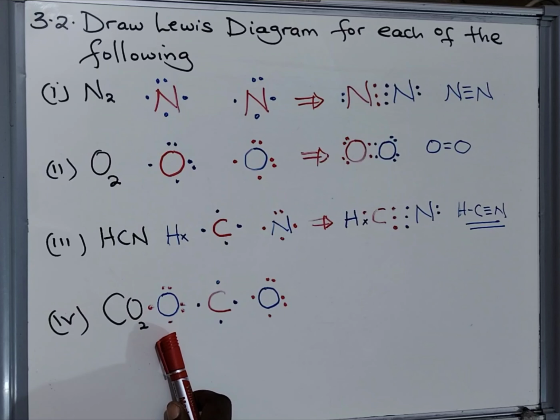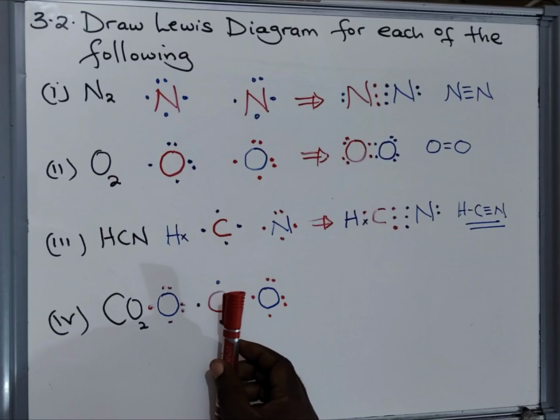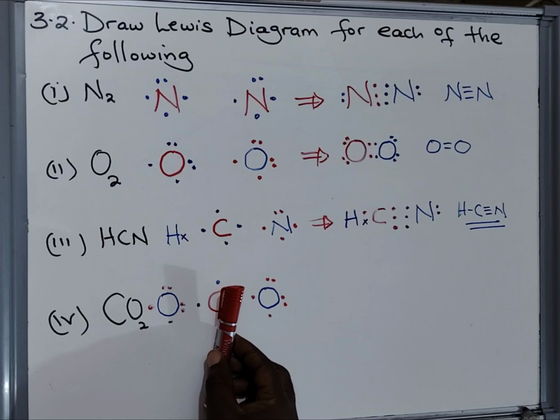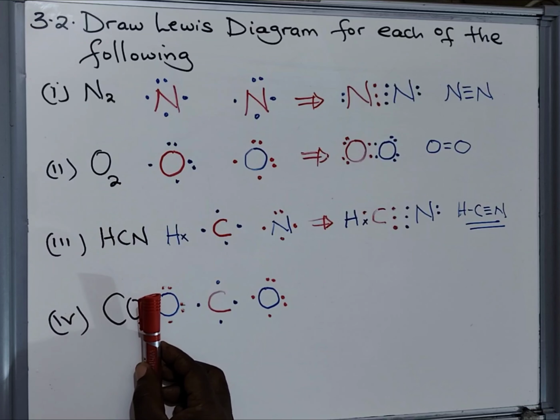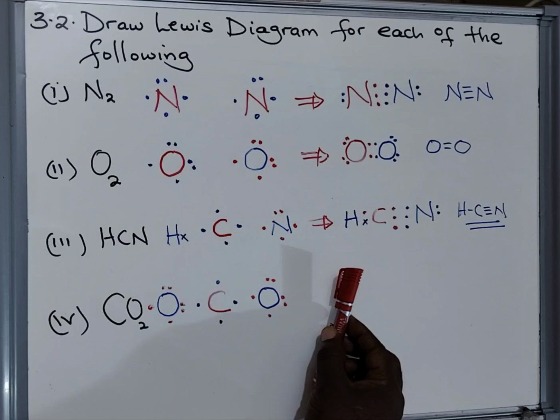Meanwhile, this oxygen has 2 possible bonds, and this one has 2 possible bonds. That implies that there is going to be rearrangement where the 2 of carbon will bond with 1 oxygen, and the remaining 2 bond with the other.